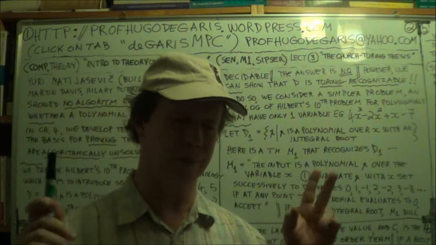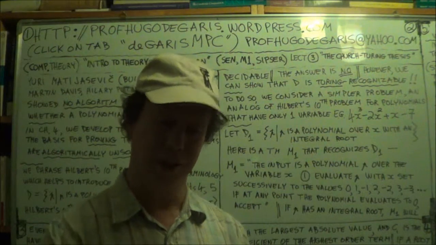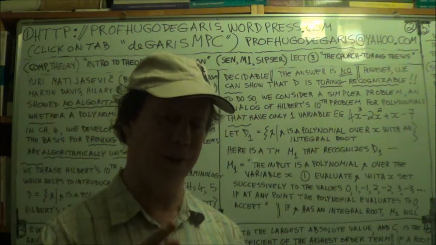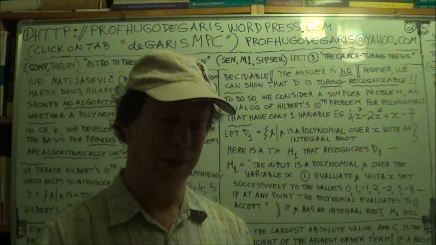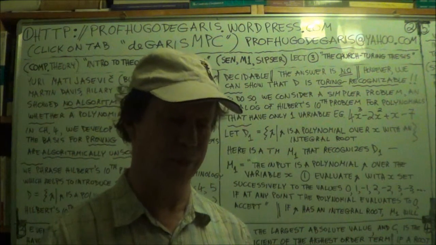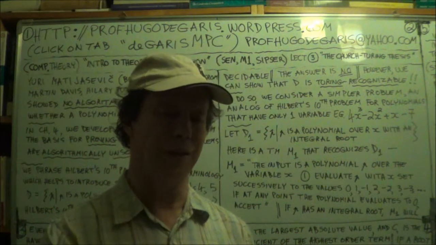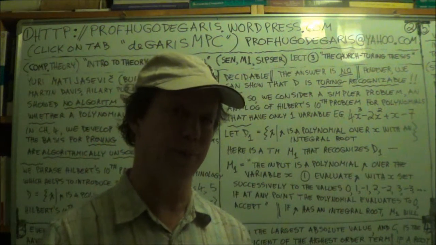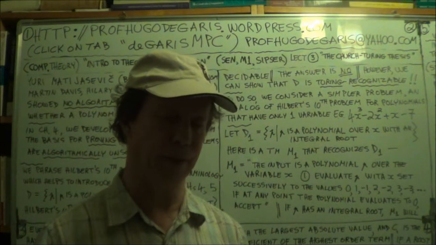So in a sense, the Turing machine recognizes, has the ability to detect and notice, if you like, that this string does have that property, so it will accept the string.